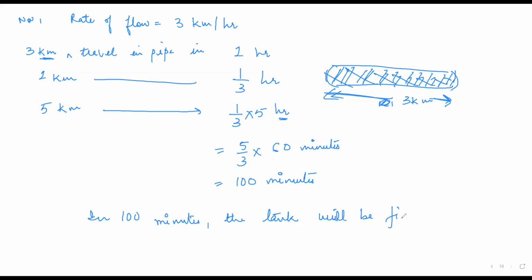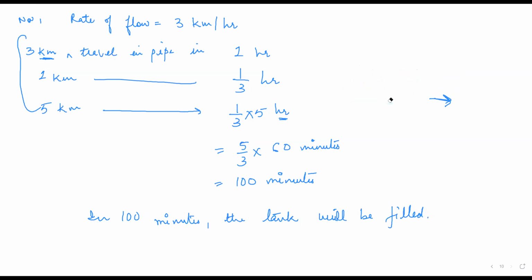Can you explain that part again? Yeah, okay. This much, right? Yes, ma'am. See, I'm just saying rate of flow means this thing. It's saying that rate of flow is 3 kilometer per hour. What does it mean? That if the pipe is empty, now try to understand, this is your pipe, right? Yes, ma'am.